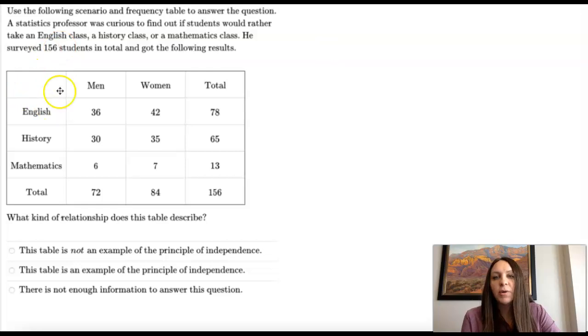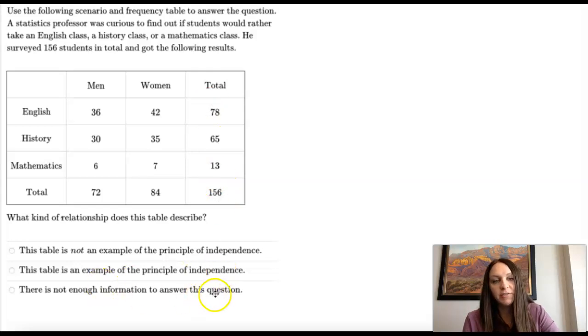So this two-way frequency table shows how many men and women are taking different classes. And it's asking us, is this a principle of independence? Is it not? Or do we just not know?